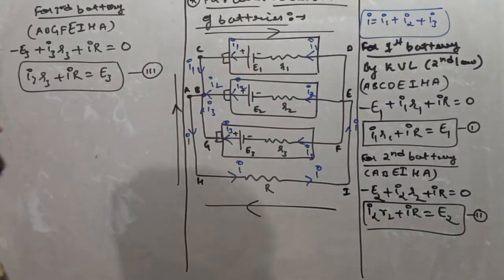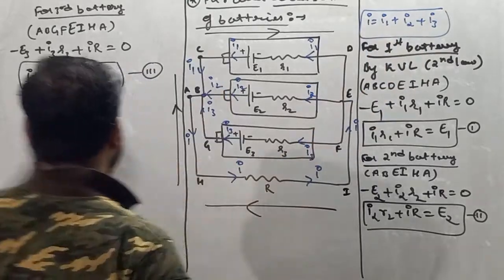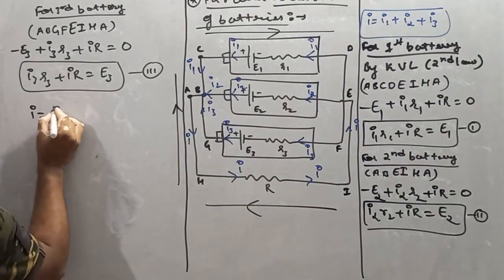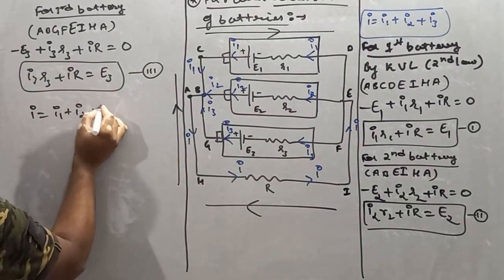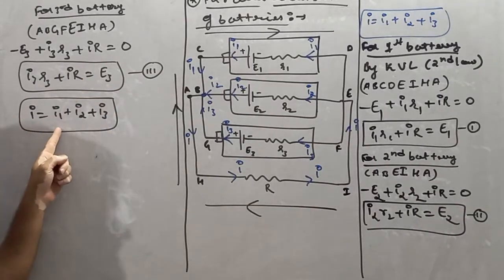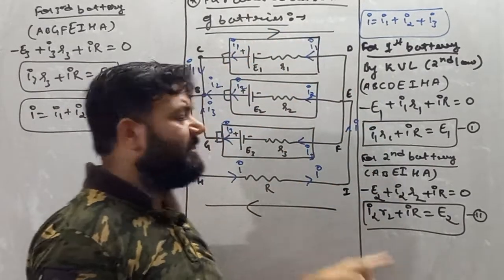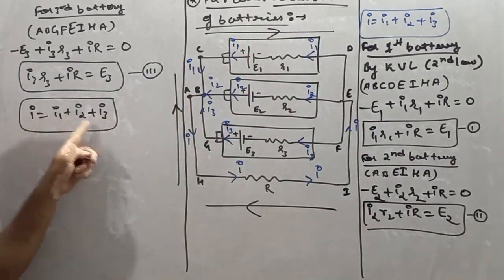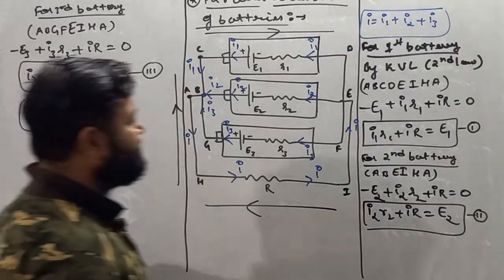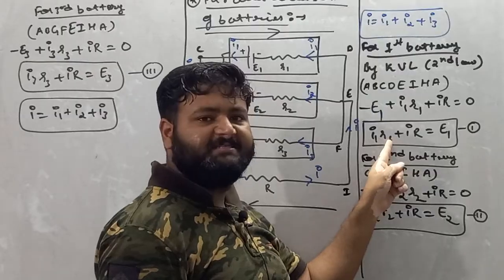So now see, my dear student, in this we know that I is equal to I1 plus I2 plus I3. I am trying to get the values of I1, I2 and I3, so that we'll add all the equations and put the values here, so that we'll get the value of I. Now see, in the first equation, along with I1, R1 is there.